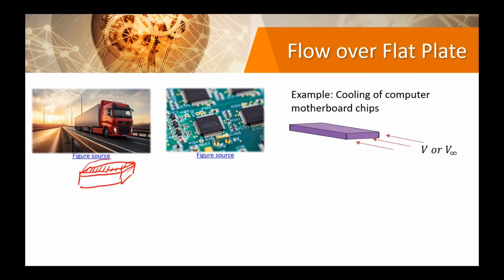Now, a more relatable example will be a computer motherboard chip, right? Your laptop or your computer has motherboard chips, electronics chips. So these motherboards, they are the brain and the heart of your laptops and computers. And the brain of the motherboard is electronic chip.